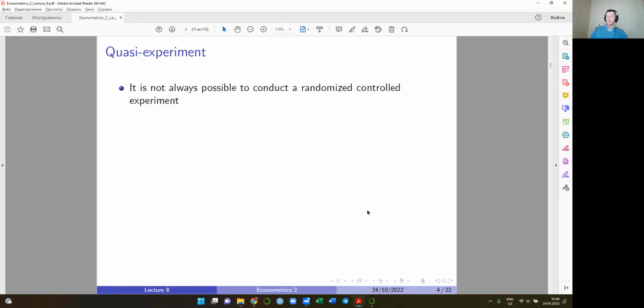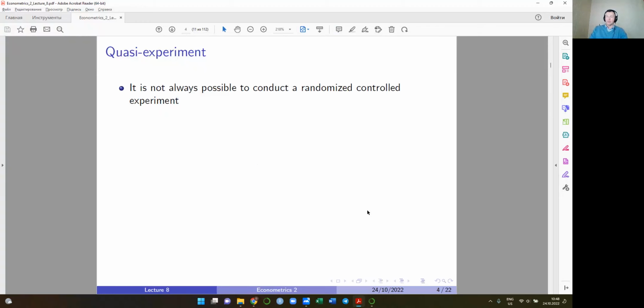So we start with the definition of what can be called a quasi-experiment. It is not a usual experiment when you conduct a randomized control experiment, when you randomly assign your entities or people into treatment and control group.